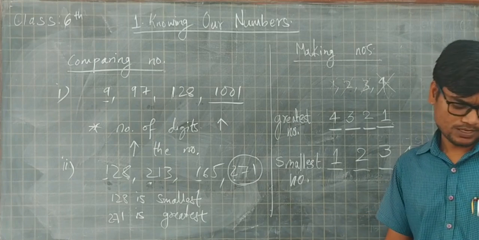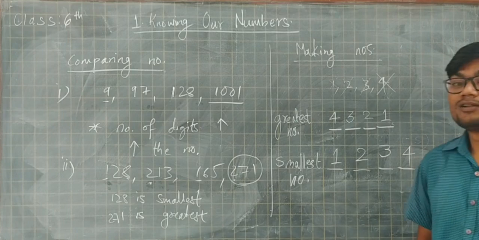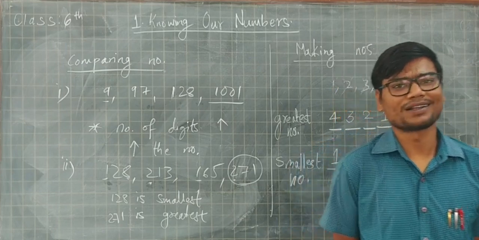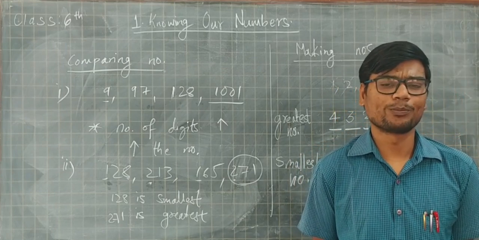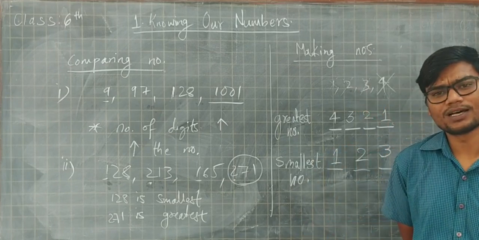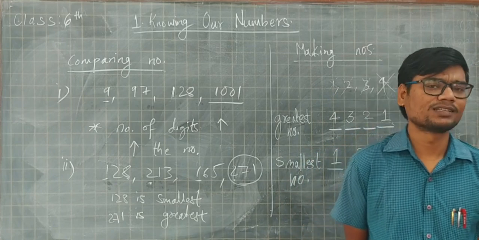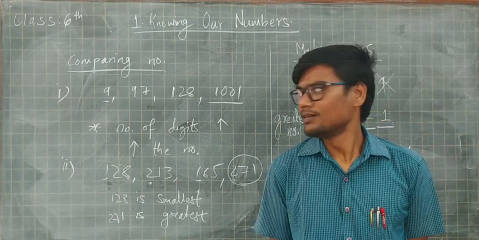Now let us move on to one more example where we use this comparison. Like when we go to market for buying things. Suppose a shopkeeper is selling bananas for 30 rupees per kg and another shopkeeper is selling for 40 rupees per kg.